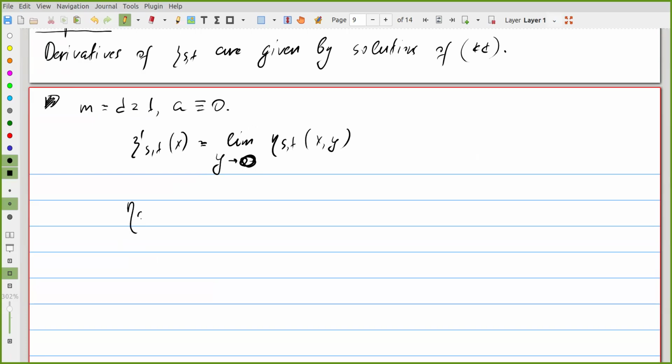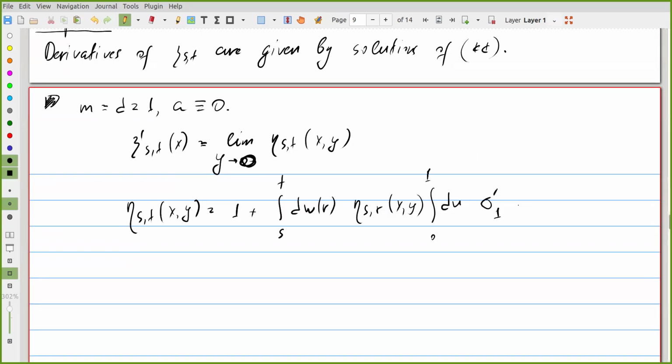And we already know that this is the following expression. It can be written as η_r(x,y), the integral from 0 to 1 du of σ prime with respect to the first variable, ψ_s(r,x) plus u(ψ_s(r,x+y) minus ψ_s(r,x)). We established that in the previous proof.